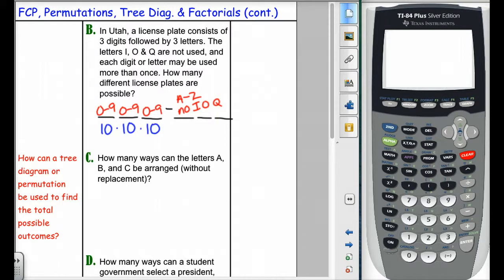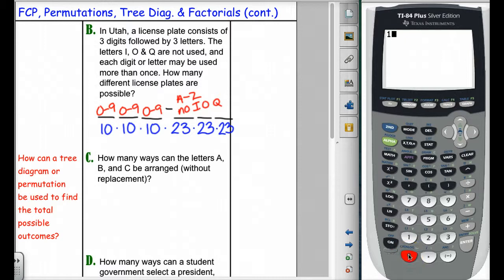We're going to multiply those. And then A to Z is 26 letters, but we're not using 3 of them. So that would be times 23 times 23 times 23, because it is possible to say have 111-AAA. Not real common, but possible. So in doing so, I'm going to use my calculator just for number crunching purposes.